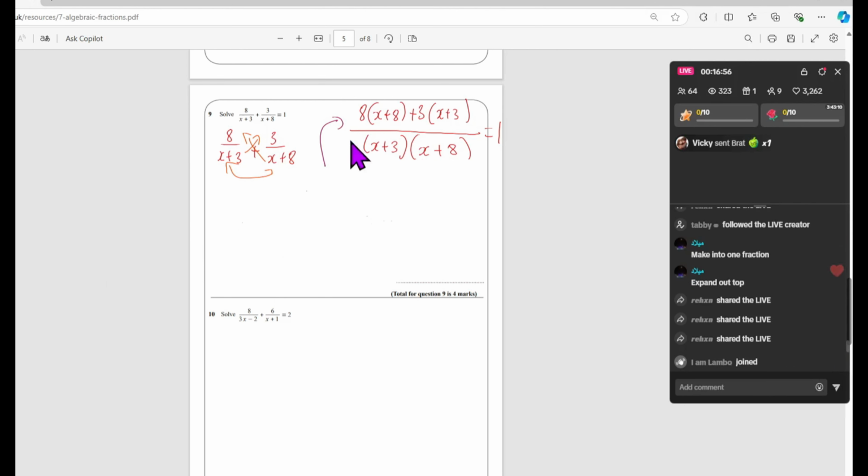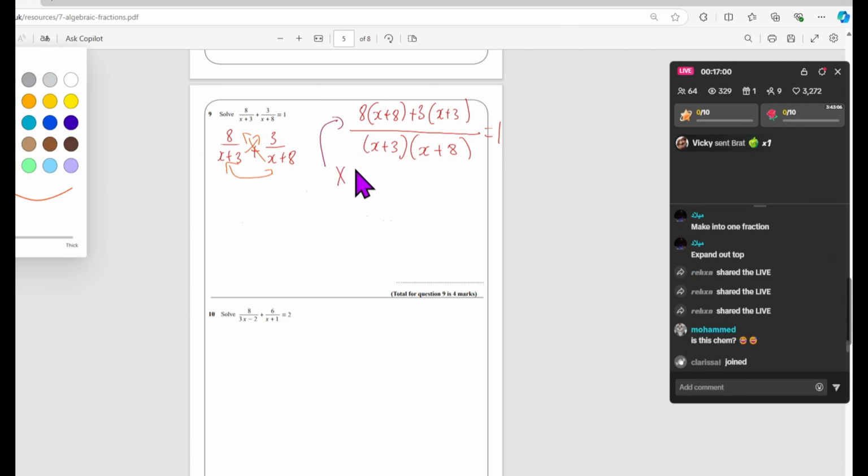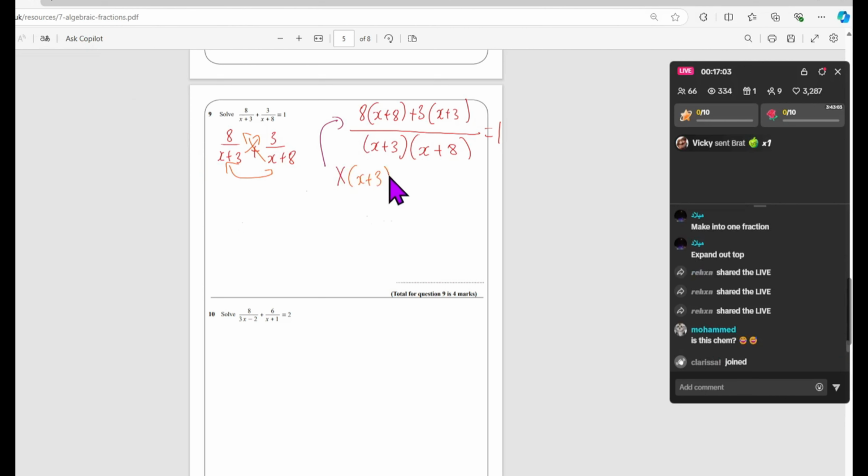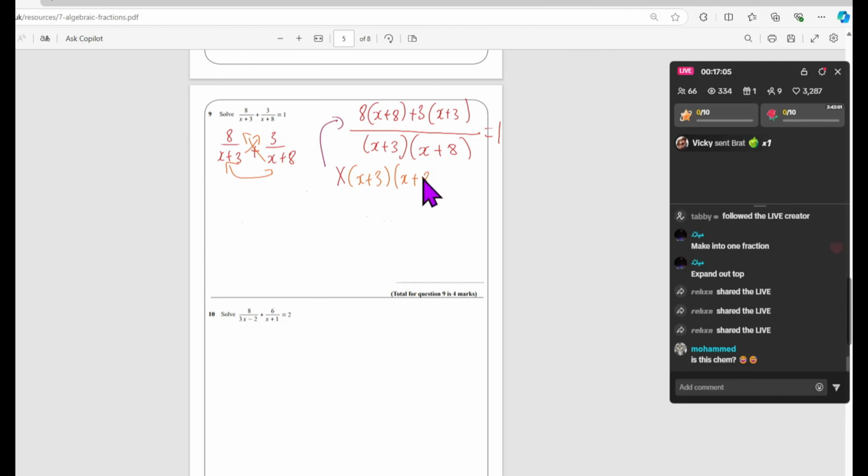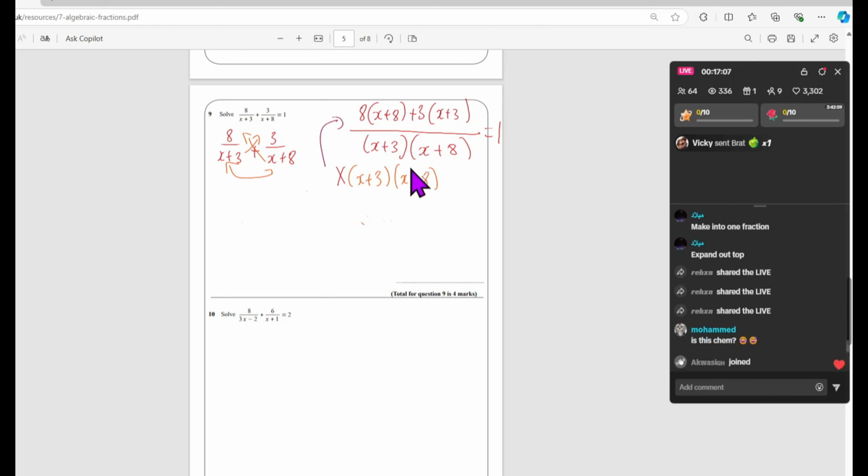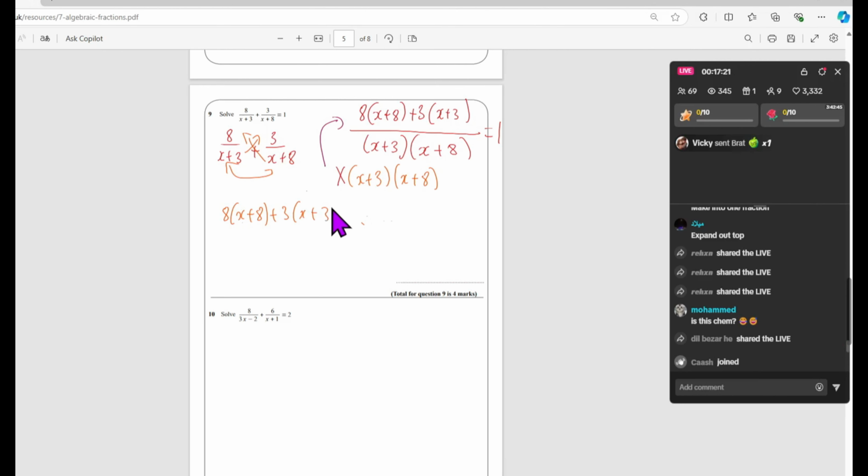We're going to multiply by x plus 3 and x plus 8, and we're going to cancel our denominator and do the same for both sides. So we end up with 8 times x plus 8, plus 3 times x plus 3, which is equal to x plus 3 times x plus 8.